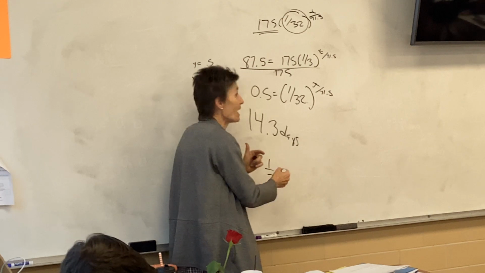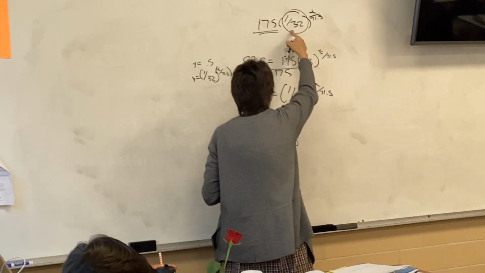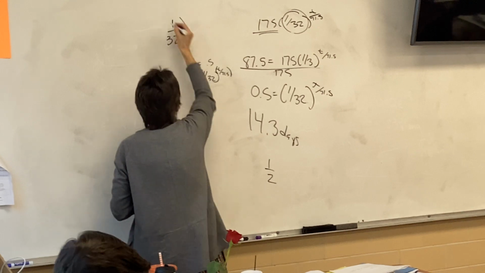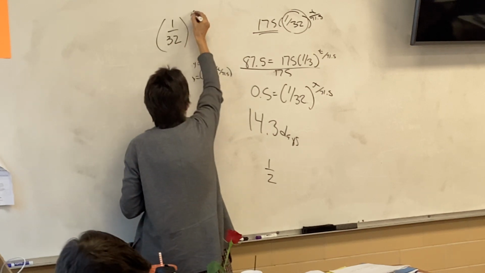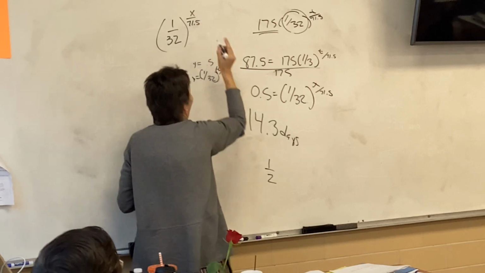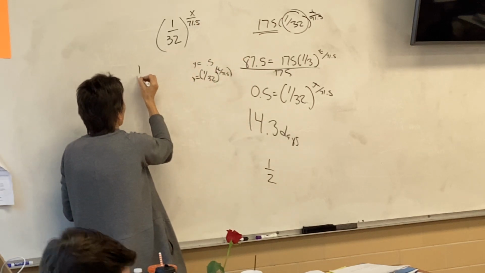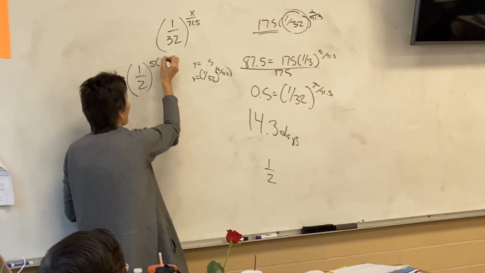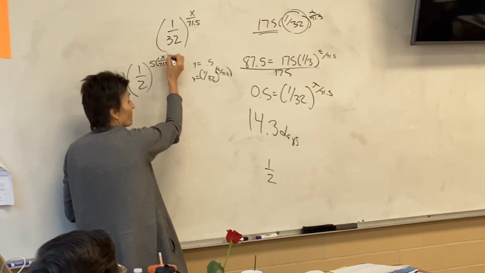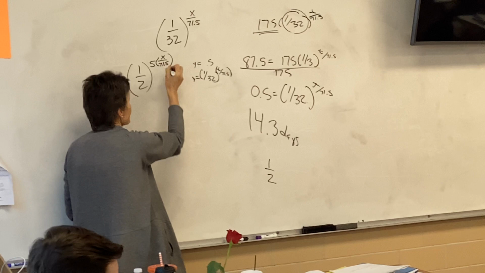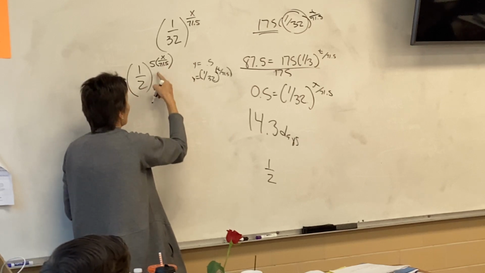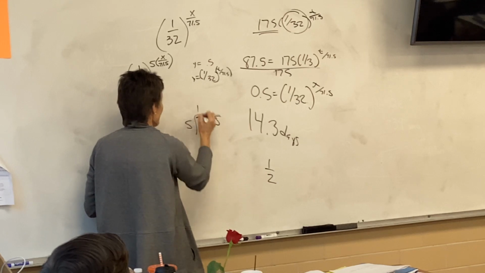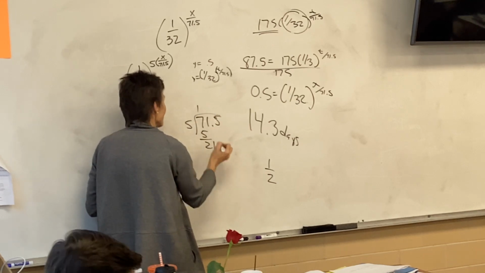So I rewrote 1/32 to the x over 71.5 as 1/2 to the 5 times x over 71.5, because that's 1/32. And then I just divided 71.5 by 5, and guess what I got?